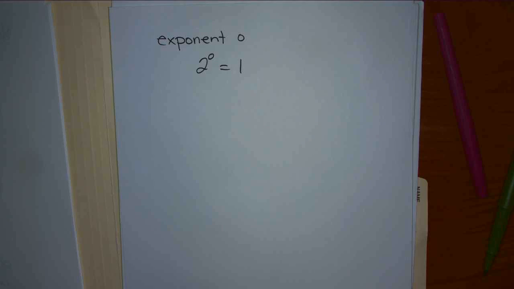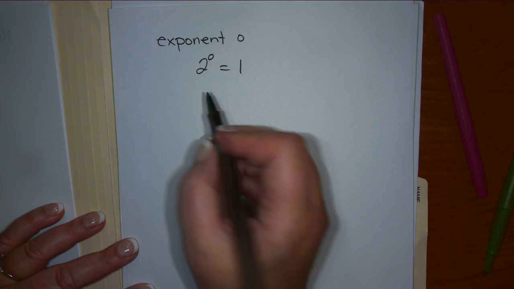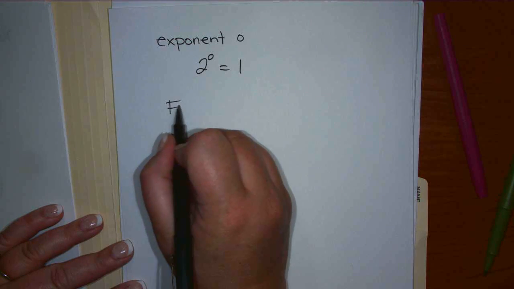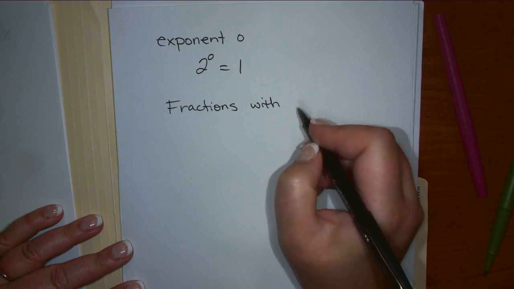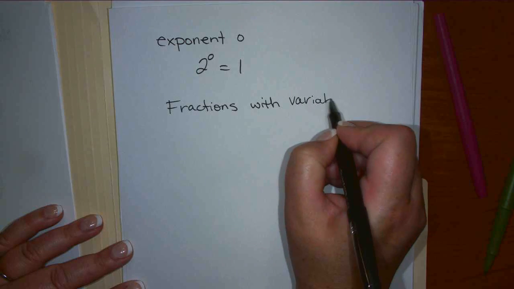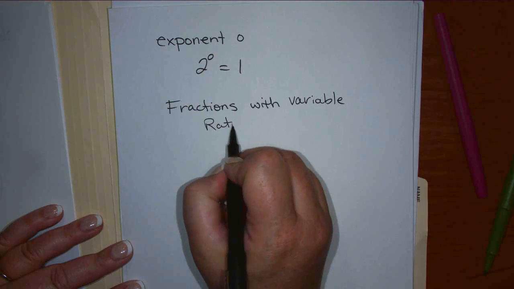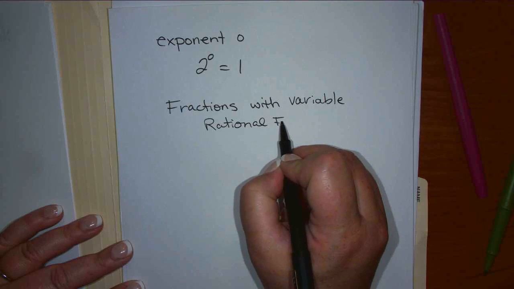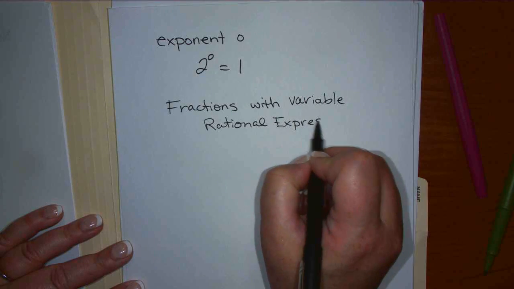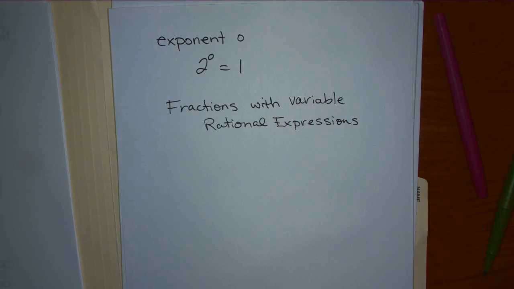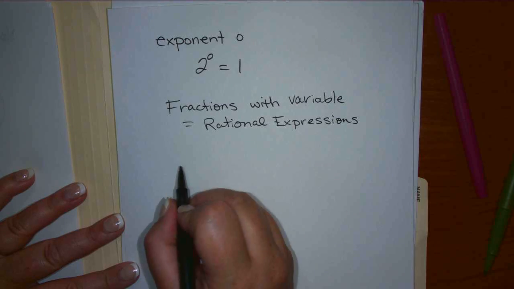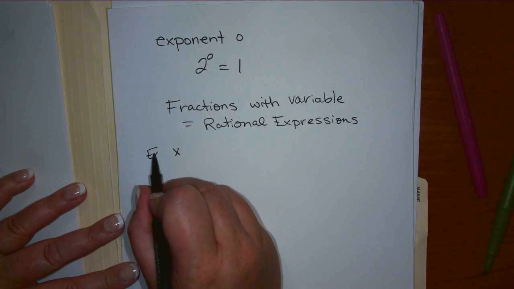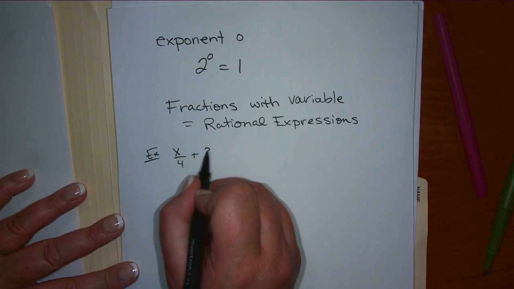Okay. Let's add variables into our fractions. And what did I say fractions with variables are called? Rational expressions. Okay. So rational expressions are fractions with variables. So we'll start easy.